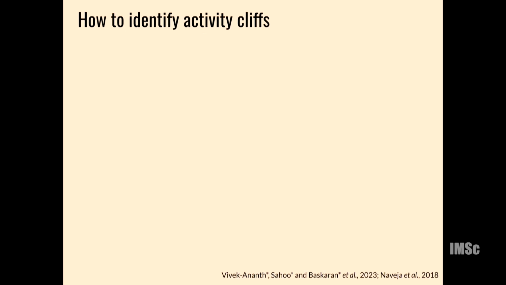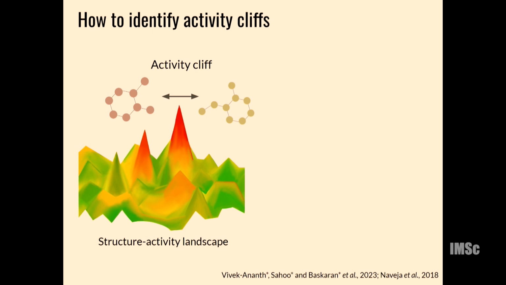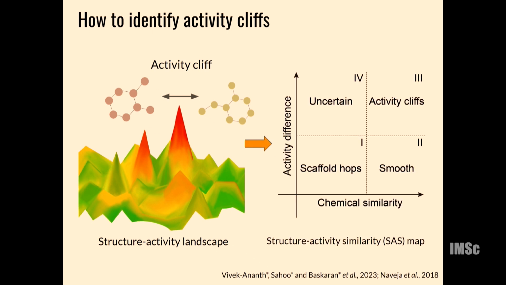So how to identify activity cliffs? This is the structure activity landscape where the peaks correspond to activity cliffs. This landscape is not so informative, but if you go to a 2-dimensional space called the structure activity similarity map, the x-axis corresponds to the chemical similarity between all the pairs of chemicals, and the y-axis is the activity difference for all the pairs of chemicals.